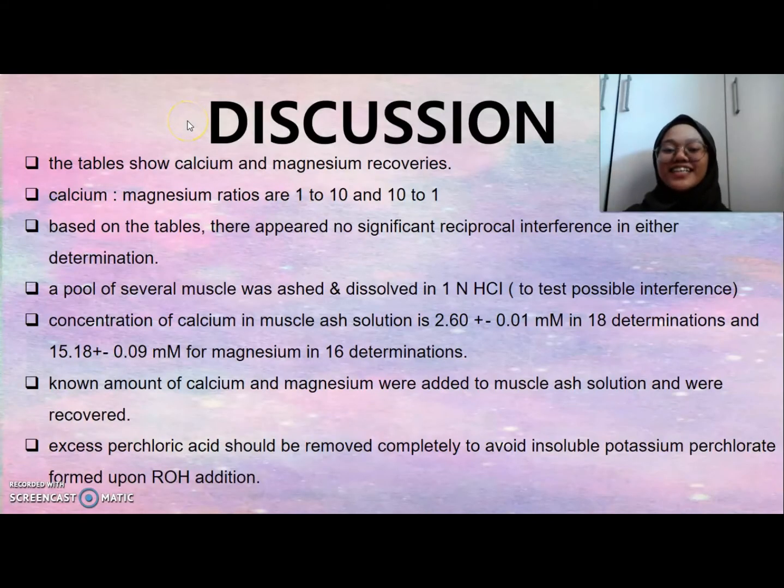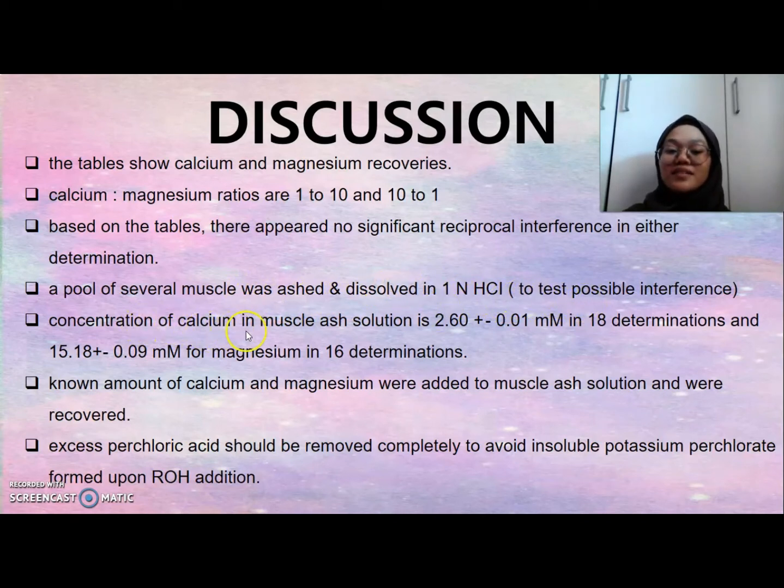For discussion, the tables before show calcium and magnesium recoveries. Calcium-magnesium ratios are 1 to 10 and 10 to 1. Based on the tables, there appeared to be no significant reciprocal interference in either determination. A pool of several muscles was ashed and dissolved in 1 Normal HCl to test possible interference.